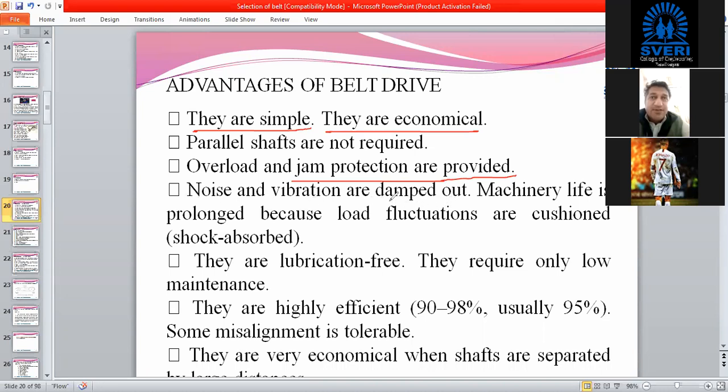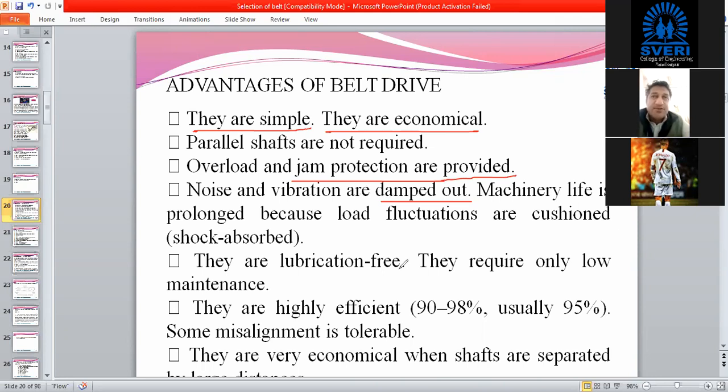Noise and vibrations are damped. Vibrations which are generated in machinery will not be transmitted to the prime mover, or vibrations which are generated in the prime mover will not be transmitted to the machinery. Likewise, we can say the vibration as well as noise, because noise is again a product of vibration.